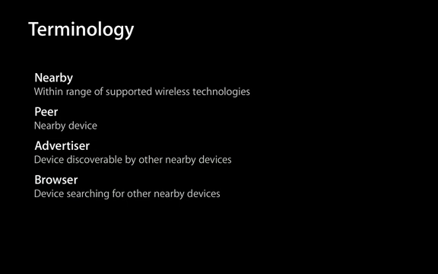Advertiser. An advertiser will be a device that makes itself discoverable to other devices. Similarly, the act of advertising will be the act of making oneself discoverable to other peers. And lastly, browser. A browser will be a device that is searching for other nearby devices. And similarly, the act of browsing will be the act of searching for nearby devices.